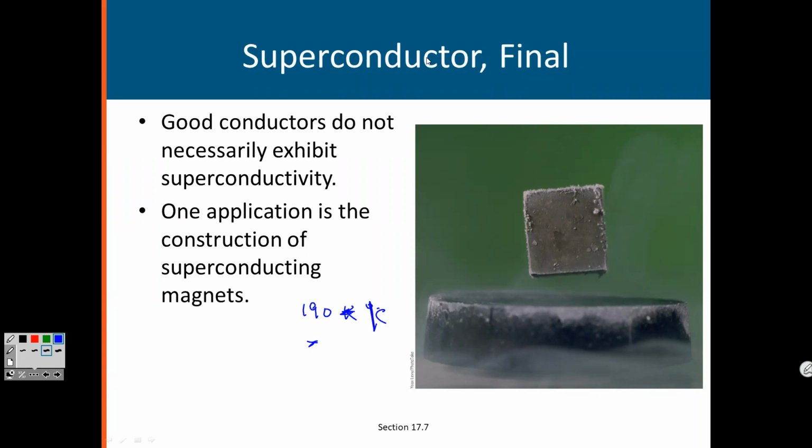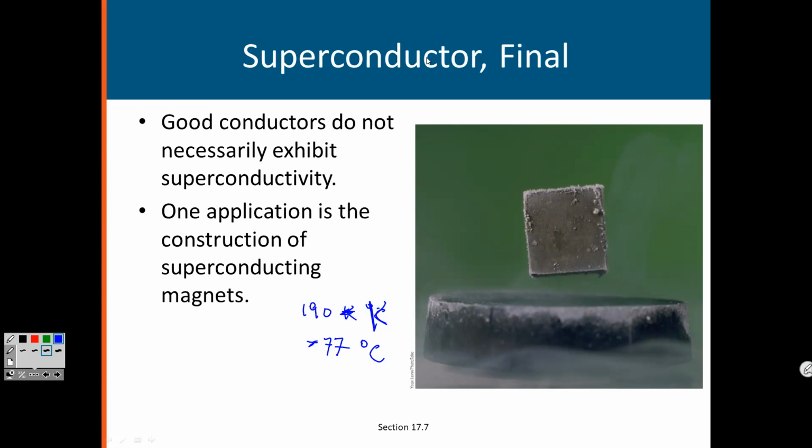No, I'm sorry, 77 Kelvin, that is minus 190 degrees Celsius. Okay, very cold. But anyway, there are superconductors which become superconductors at this liquid nitrogen temperature.